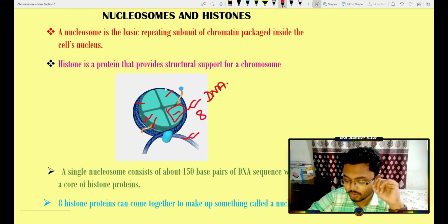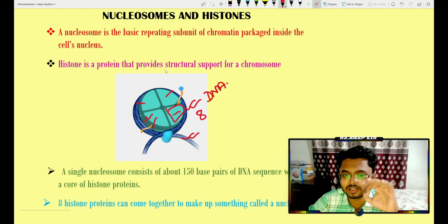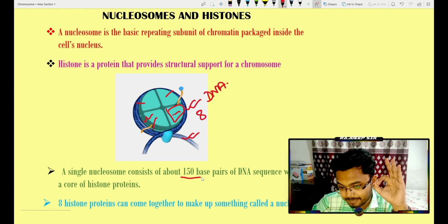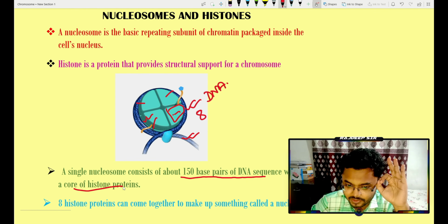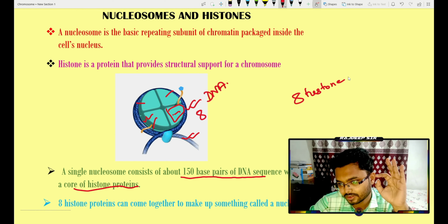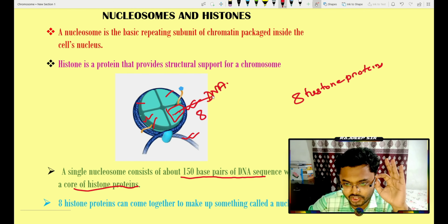Now what is a nucleosome? A nucleosome is nothing but an accumulation of 150 base pairs of DNA sequence wrapped around a core of histone proteins. It's just an accumulation of a total of 8 histone proteins.